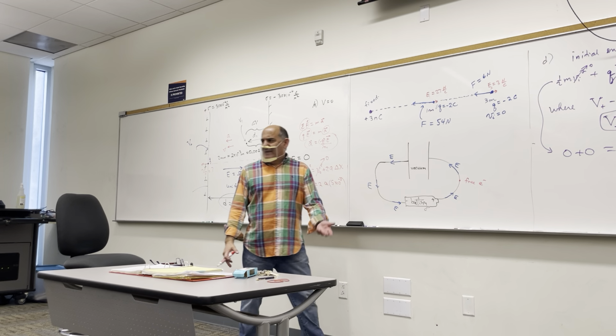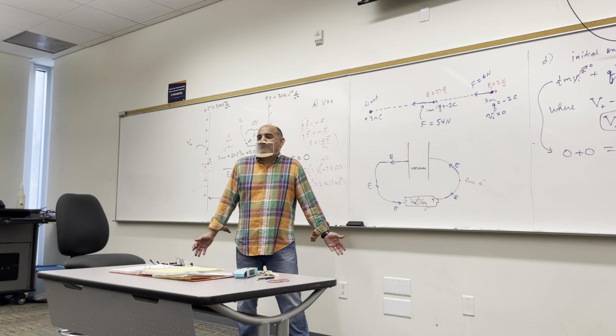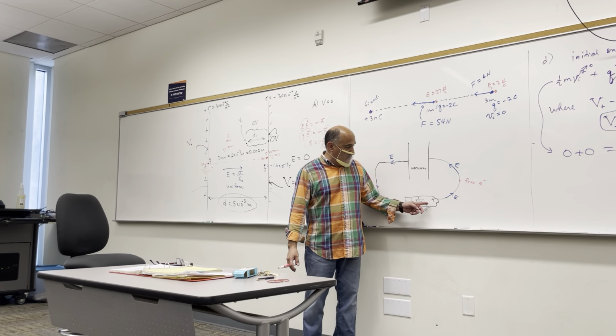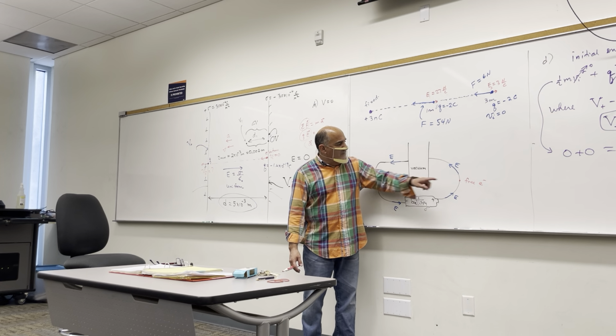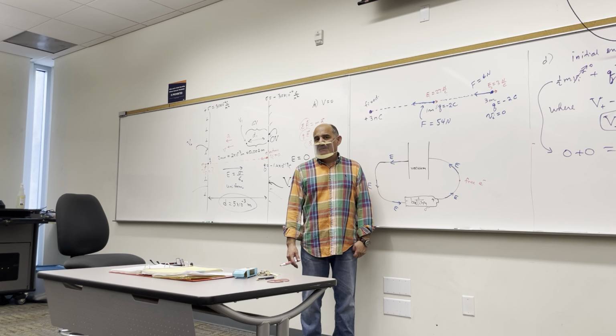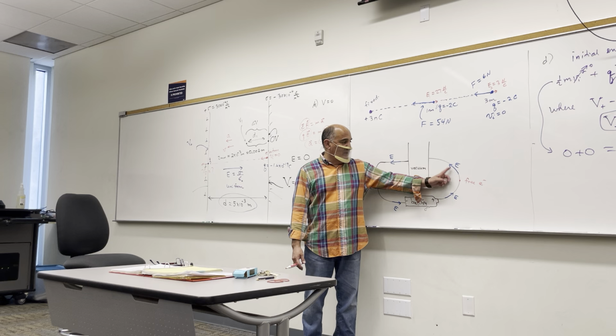Not free because you don't pay for it, but because it has the freedom to hang out wherever it wants to hang out. Except that when it is subjected to an electric field generated by this external source, what will be the direction of the force exerted on that free electron by this electric field generated by the battery? Which way would the electron feel a force? Should we say down the wire or up the wire?